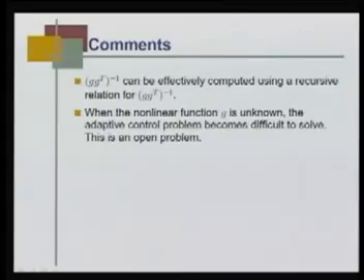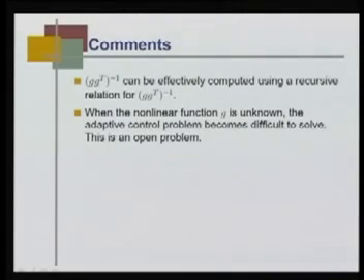So, inversion means the computation is obviously more. The G G transpose inverse can be effectively computed using a recursive relation. One can work out a recursive solution so that this inversion can be easily computed.